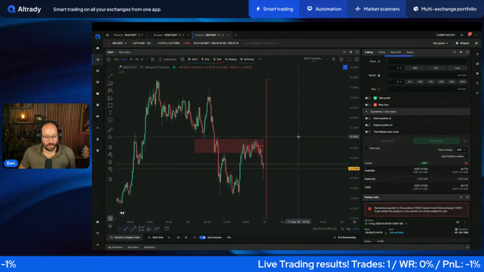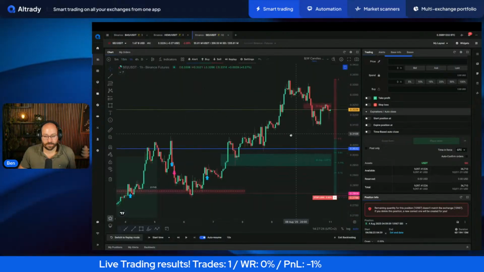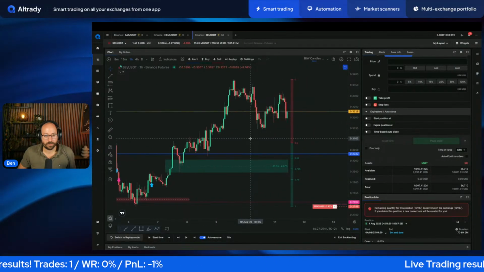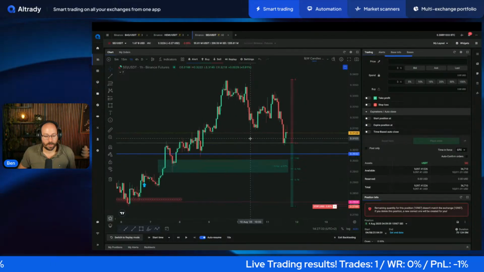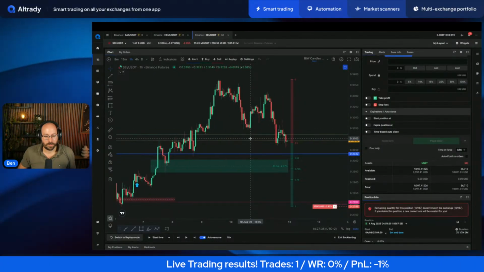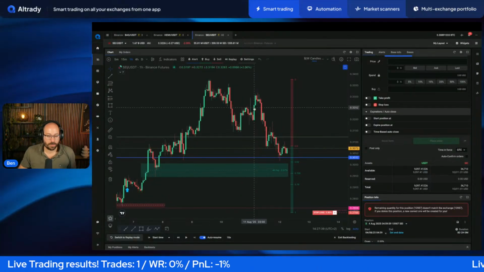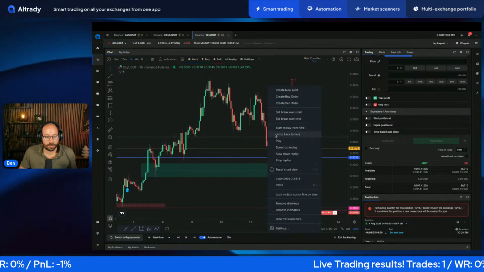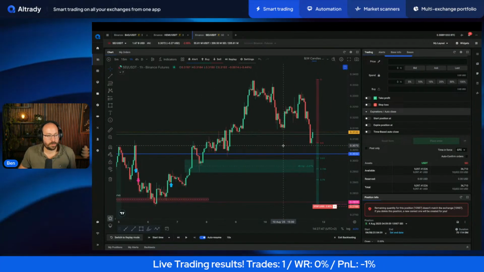Let's see if daily has anything. Oh, yeah, well, there could have been a short. There was a 4-hour fair value gap here. Do you see the daily fair value gaps there? Is there anything?